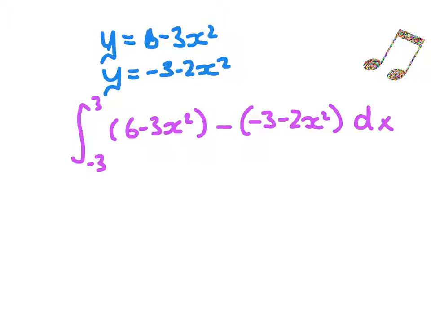Now here I am going to evaluate all of this before I integrate. So I've got 6 minus negative 3, which is 6 plus 3, which is 9. And then I've got negative 3x squared minus negative 2x squared, which is plus 2x squared. So negative 3x squared plus 2x squared is just negative 1x squared.